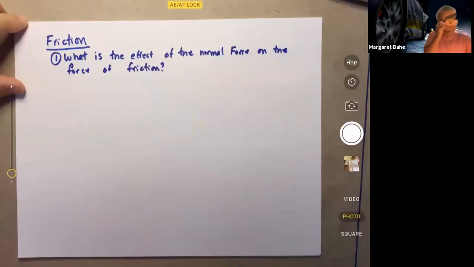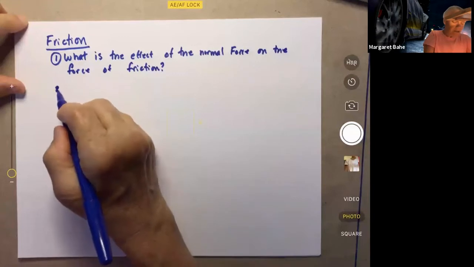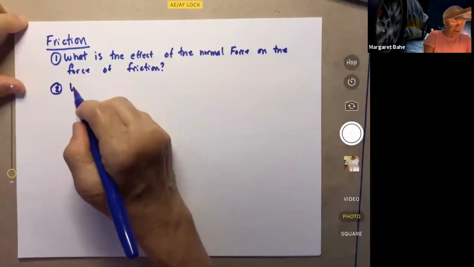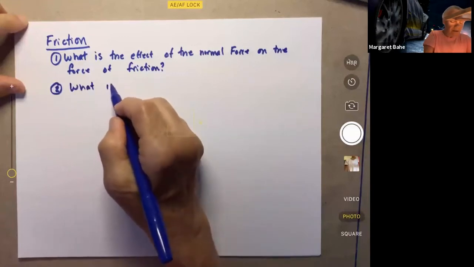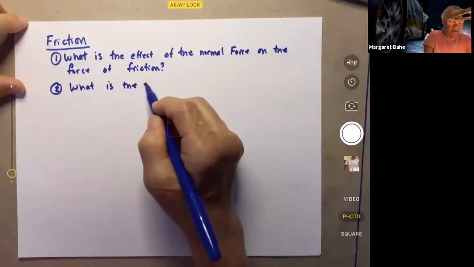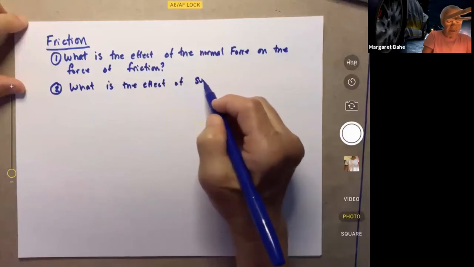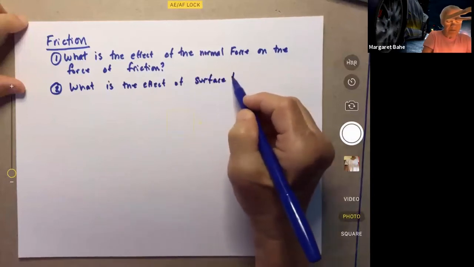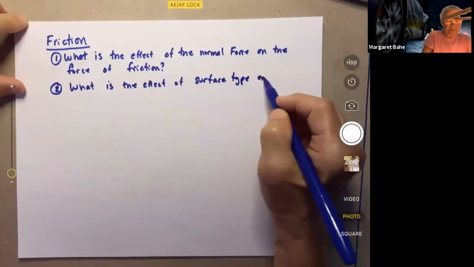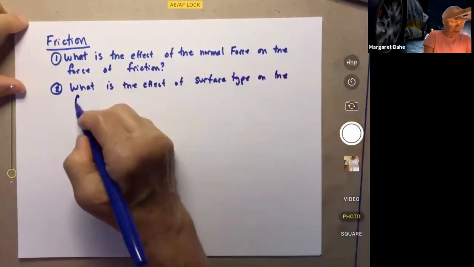That's question number one. And the second question is, what is the effect of surface type on the force of friction?